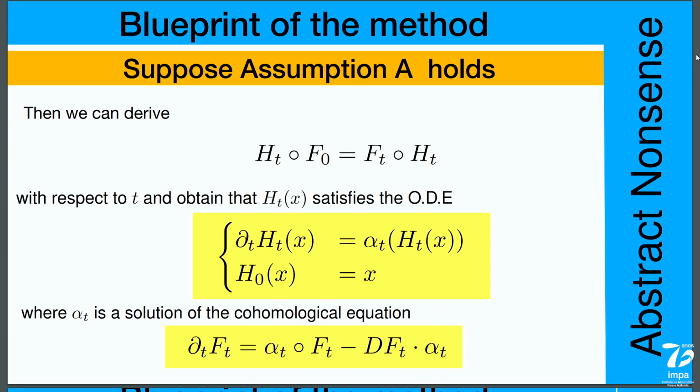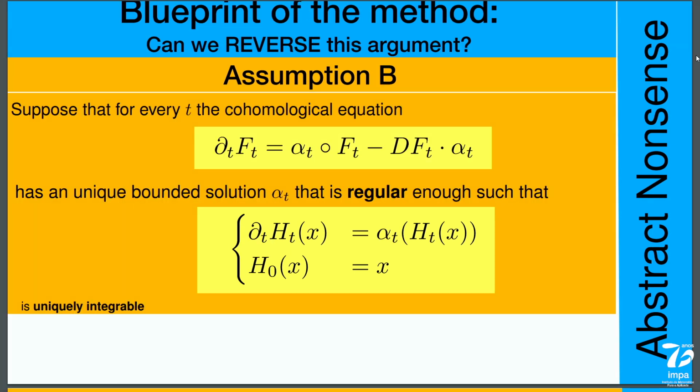So the idea is to try to reverse this argument. Suppose that you have a family f_t, and for every t, you have a solution for this cohomological equation, and it is nice enough in such a way that you can reverse this argument, okay? You don't know if this family has bifurcations.